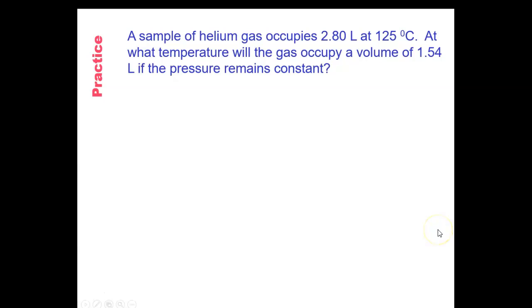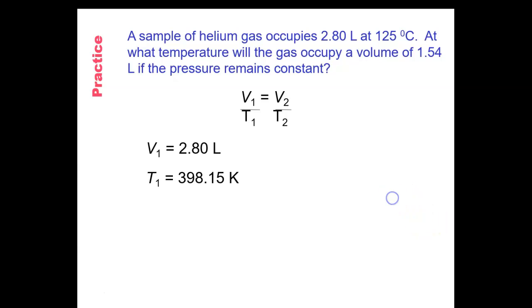Here's another problem we can do. We've got the volume of the helium, we've got the Celsius temperature, and we want to know what the temperature would have to be to have a smaller volume of 1.54 liters. We start off with our easy mathematical expression, remembering here to add 273.15 to the temperature.